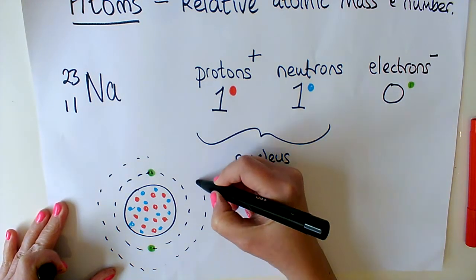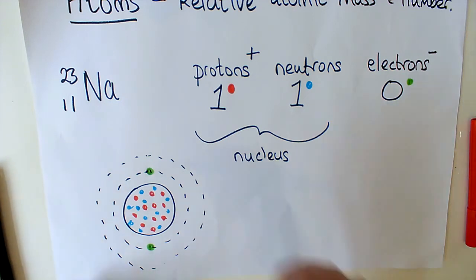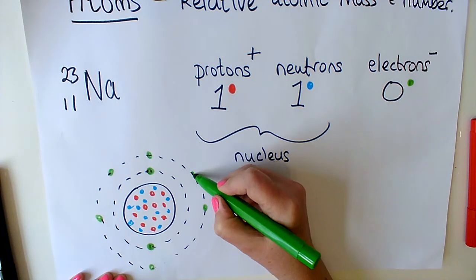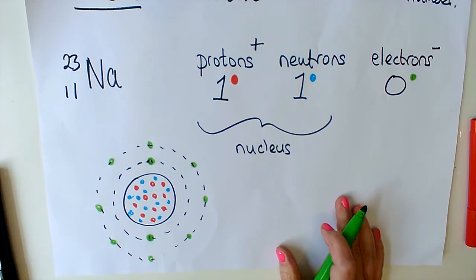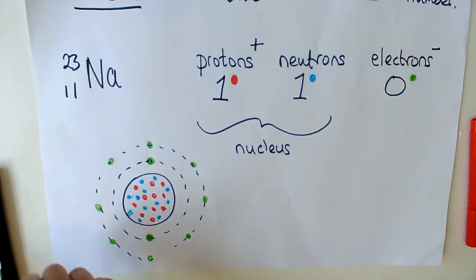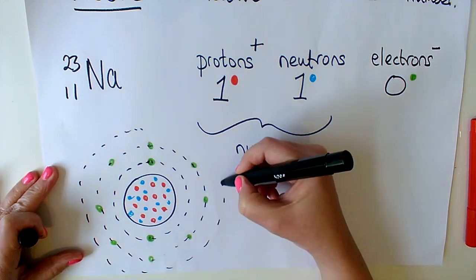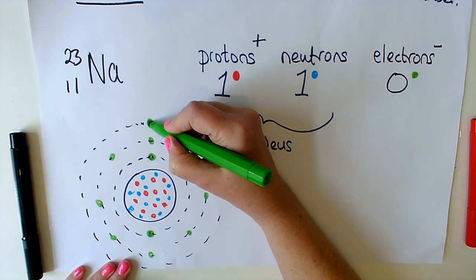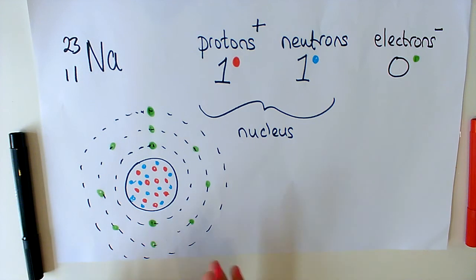The shells after the first inner shell can hold 8. So 1, 2, 3, 4, 5, 6, 7, 8. That still only gives me 10 electrons. Sodium has 11, so we must have another electron shell. In order to have 11 electrons, there must be another electron in the outer shell. And that will mean it has 11 electrons.